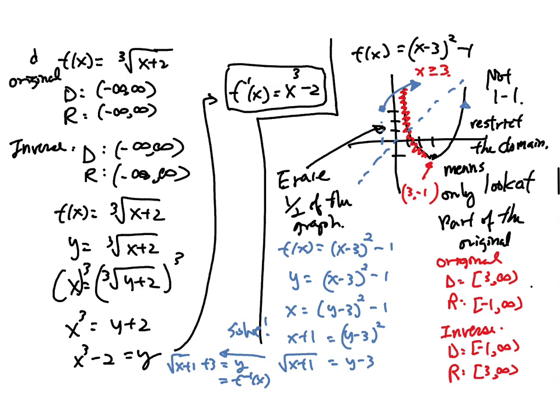Alright, number 6. We need to prove that f of x and g of x are inverses of each other using composition. For number 6, we're going to verify the inverse of each other using composition.